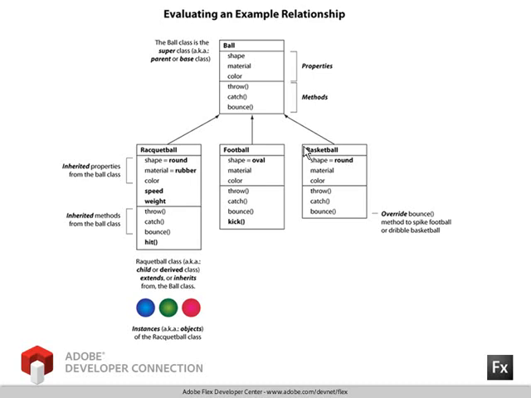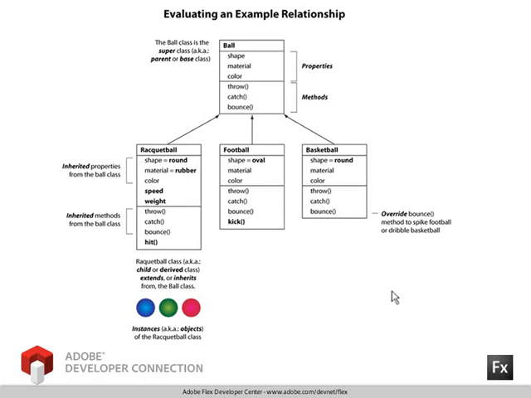By default, properties and methods from the parent class are inherited by the child class, but you can prevent inheritance by defining access modifiers, which I will discuss more in this video series. The child class can use the inherited methods as defined in the parent class, or it can override the inherited methods to create additional or replacement functionality.